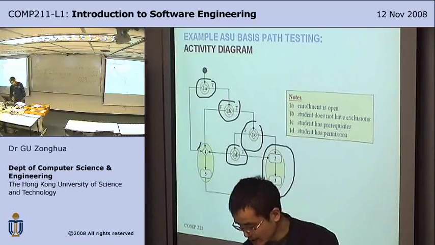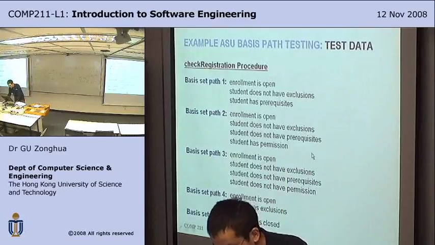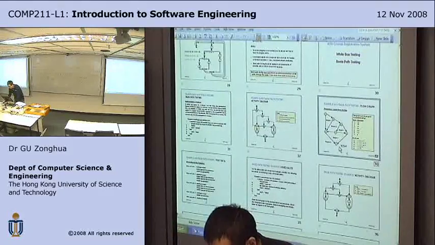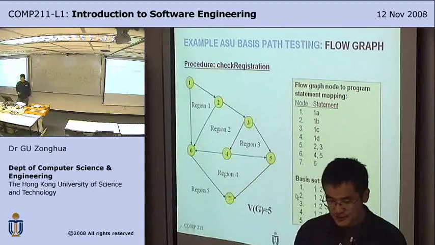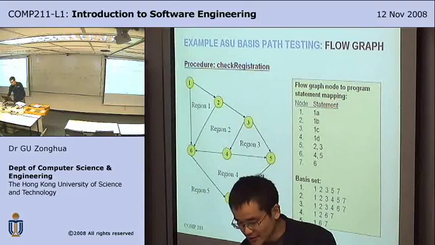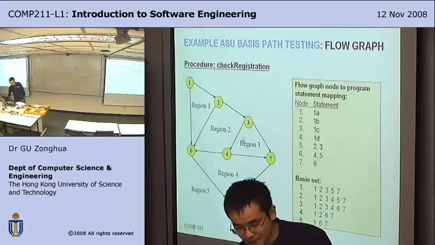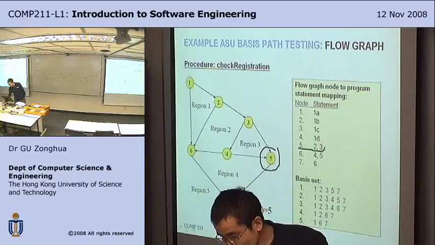Let's look at the flow graph. The flow graph is a merge of the activity diagram nodes. Now you have the flow graph where node 5 is a combination of statements 2 and 3, and node 6 is a combination of statements 4 and 5.